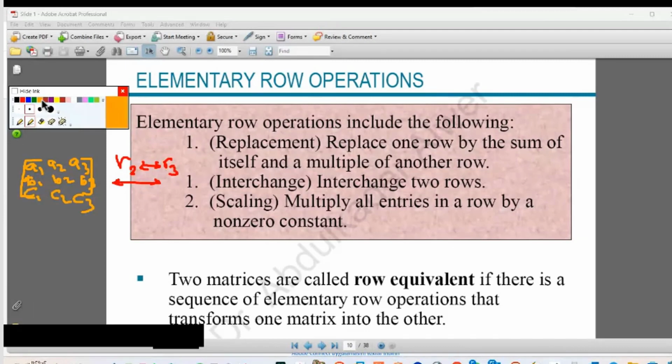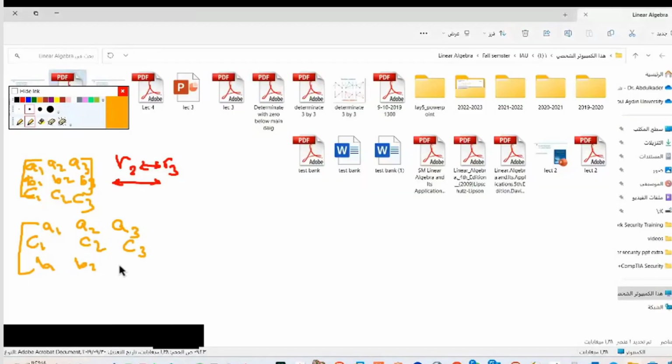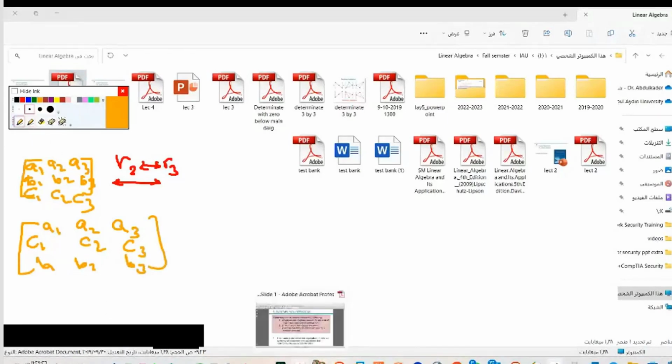So what I get is A1, A2, A3, then C1, C2, C3, then P1, P2, P3. Excuse me, this is wrong in the PowerPoint.